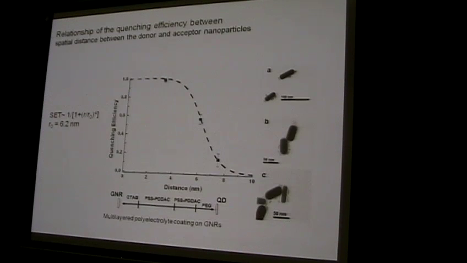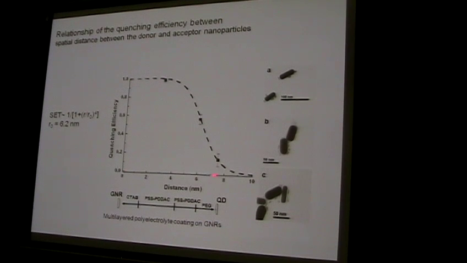And in order to study the quenching effect, particularly as the distance between the quantum dots and the gold nanorod varies, we have to coat these gold nanorods with polymer or silicon oxide, so that we can control the distance between the gold nanorod and quantum dots precisely, and then measure the quenching effect.